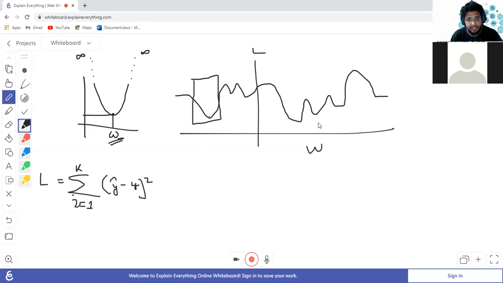But in the total graph, this is the global minima. For this local region, this is the local minima, but for the entire graph, this is the global minima. Both will have a derivative or slope of 0. Both will have m equal to 0 here.